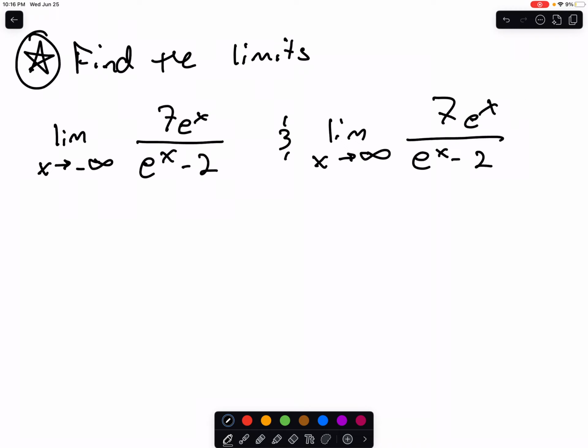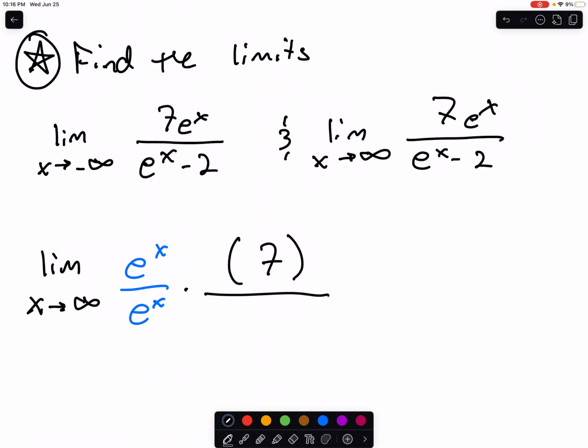So if I'm considering the limit as x goes to infinity, again, we want to factor out e to the x over e to the x. So at the top, that's going to leave us with 7. On the bottom, that's going to leave us with 1 minus 2 over e to the x. Okay. So then this is gone. Now if we take the limit as x goes to infinity, that's going to be 2 over a large number. So this guy is going to tend to 0. So ultimately it's going to leave us with 7.